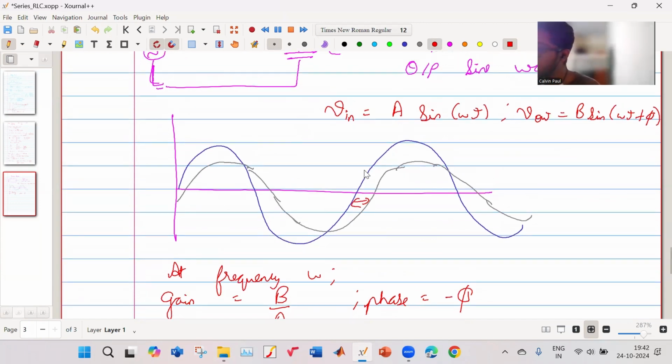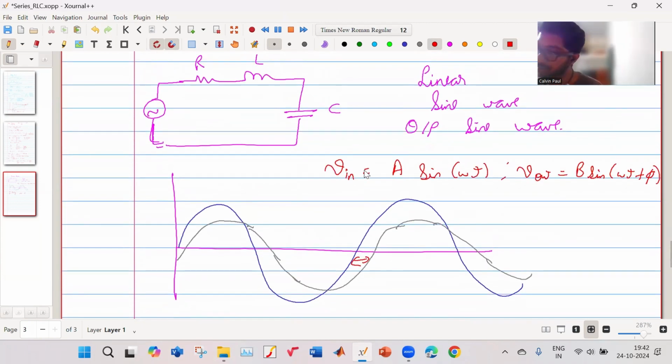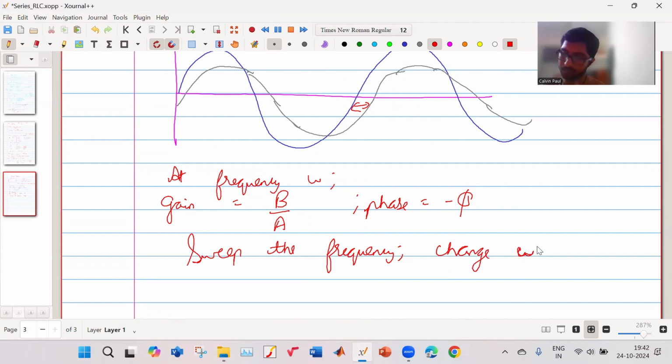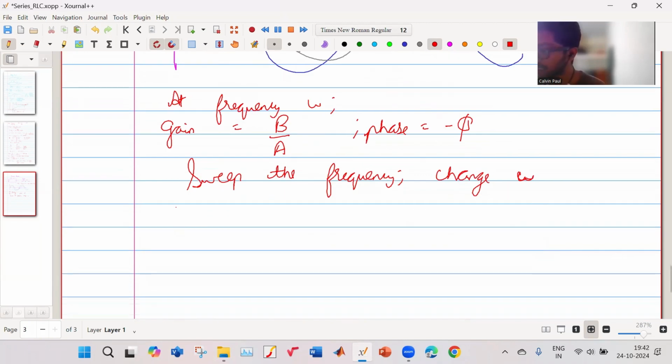What we do in the frequency response is we sweep the frequency, which means we change omega. We will keep changing omega. And we know that the transfer function of this system is given by omega n squared over s squared plus 2 zeta omega n s plus omega n squared.